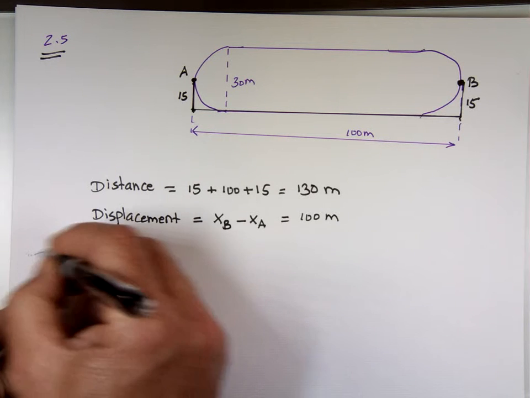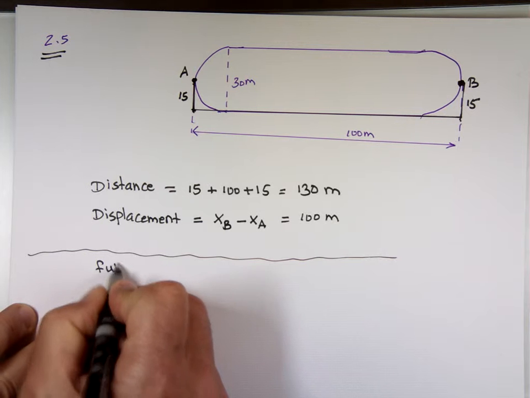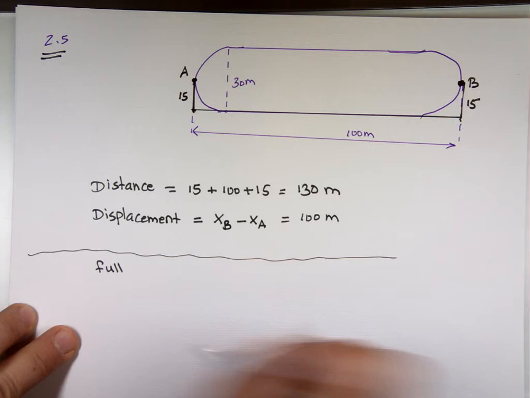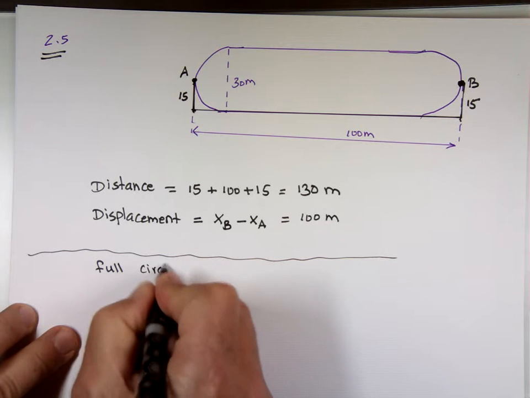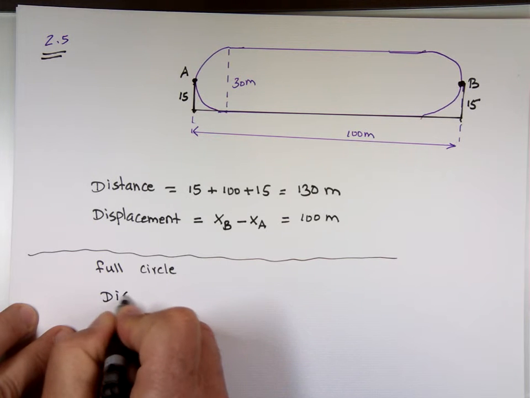Now, part B, what happens if you do a full circle? Full circle about the track. What is your distance traveled?